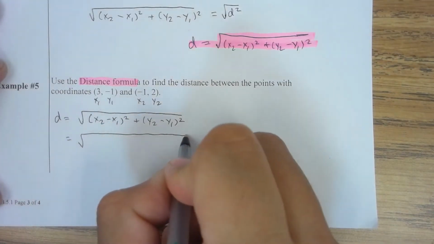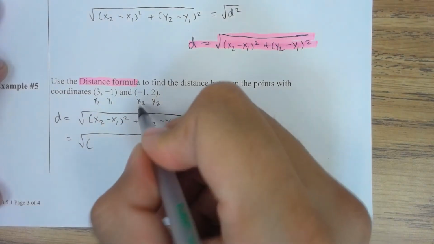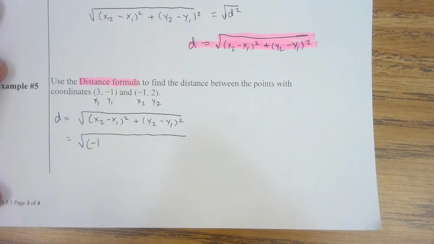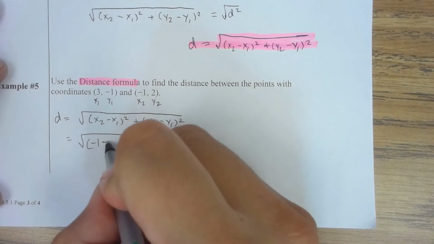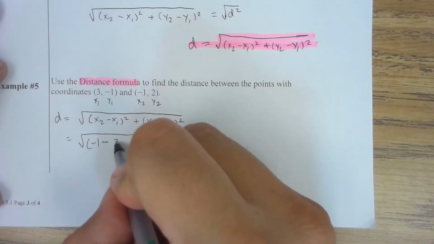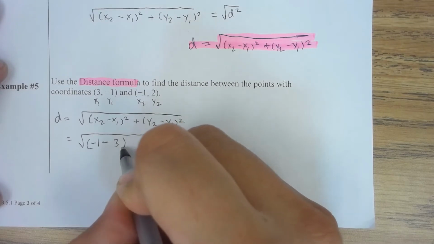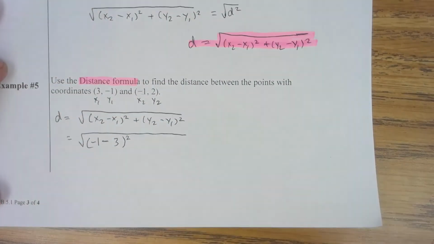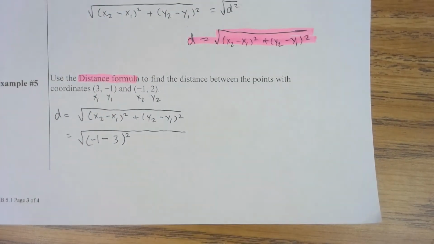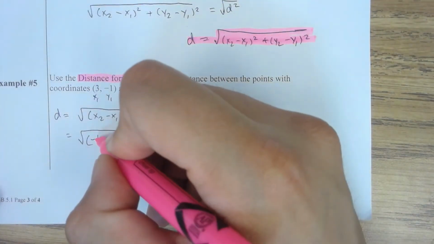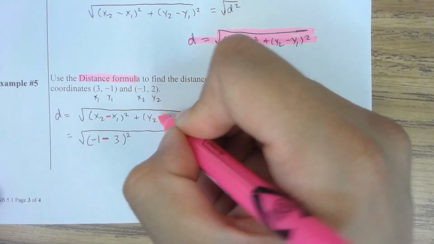So square root, we have x2 which is -1 minus 3. Okay, so we can put this in parentheses if we want, but I'm just going to keep that separate. Just to make sure you know that you have that minus thing right here. That's all going to be there unless you change it.